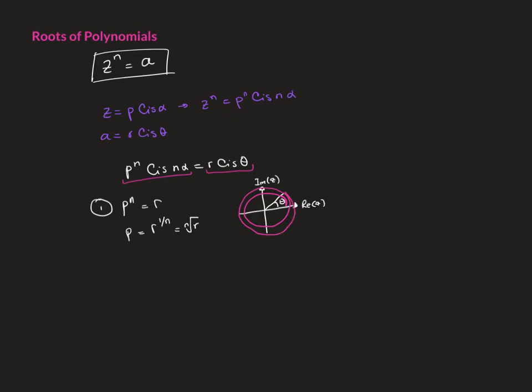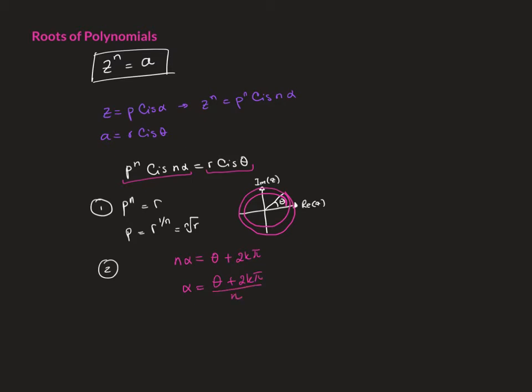So what that means for the arguments is that n alpha is going to be theta plus 2k pi, where 2 pi times k represents the additional cycles. Now when we do this, the angle alpha is going to be theta plus 2k pi divided by n.